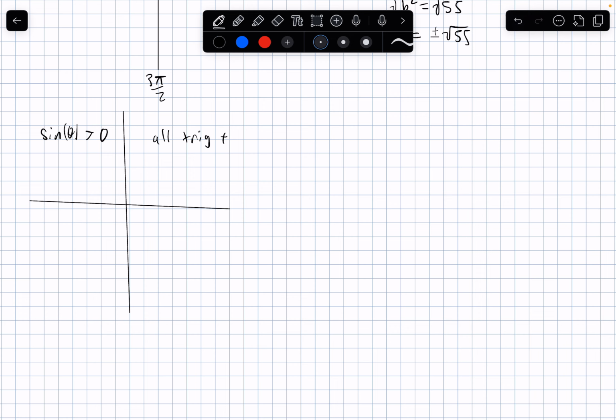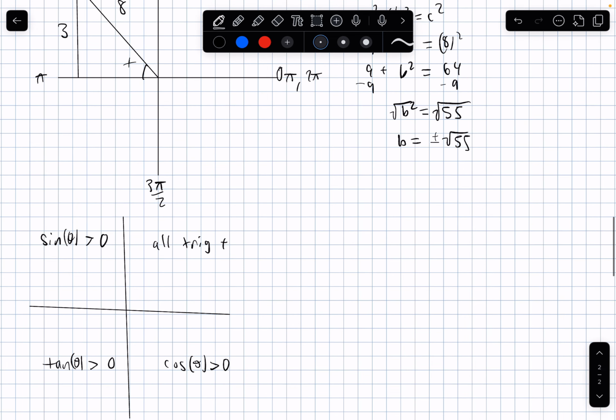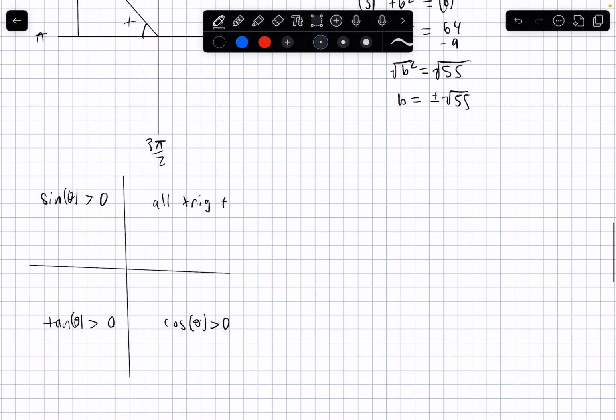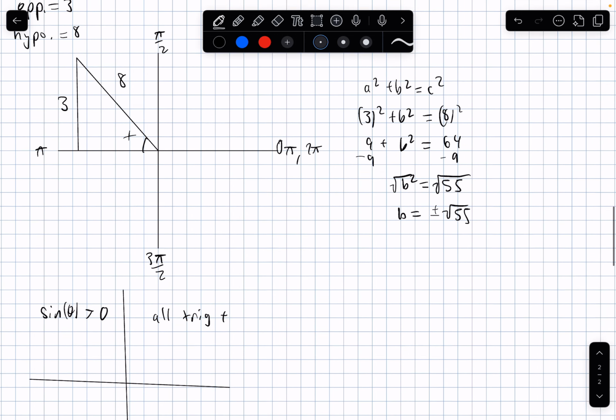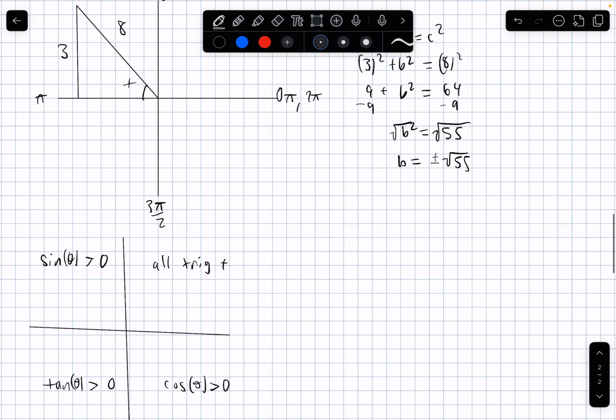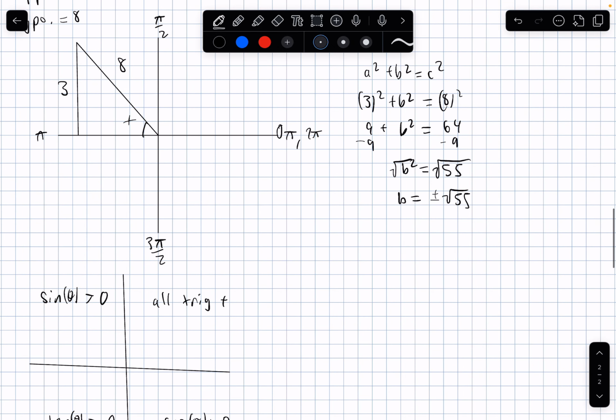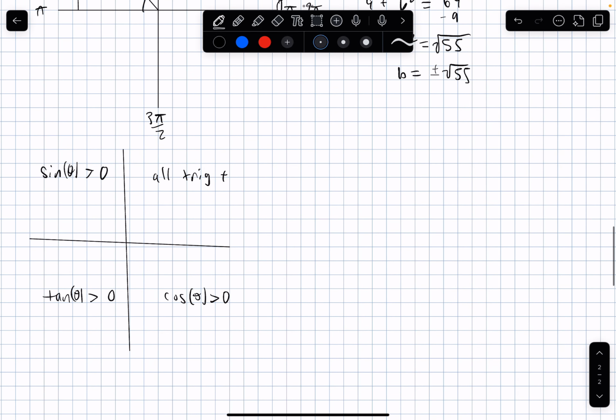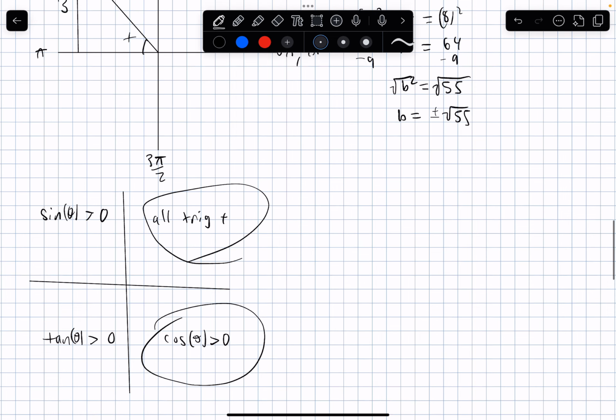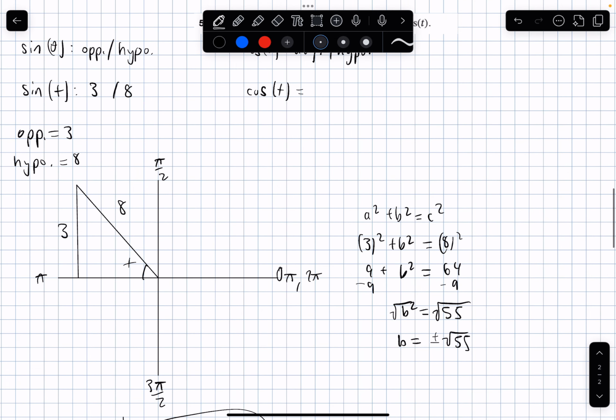In this quadrant, tangent of theta is greater than 0. And in this quadrant, cosine of theta is greater than 0. We could fill in the reciprocal trig functions, but it's not really necessary here given this problem. But what we do need to realize is that only cosine of theta is positive in this quadrant, and we are operating in this quadrant.